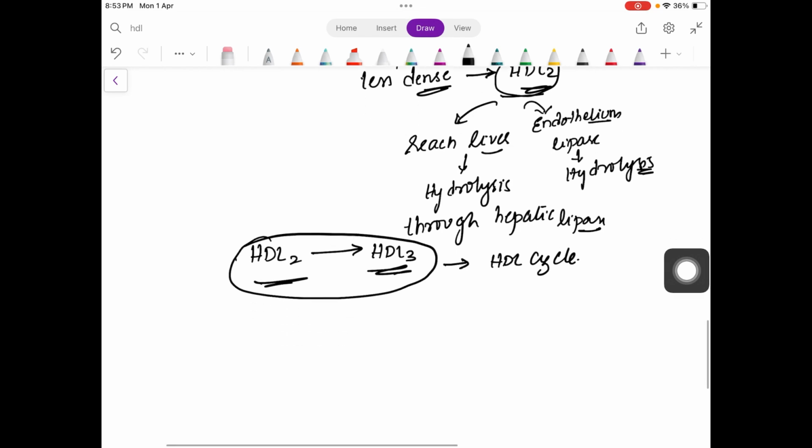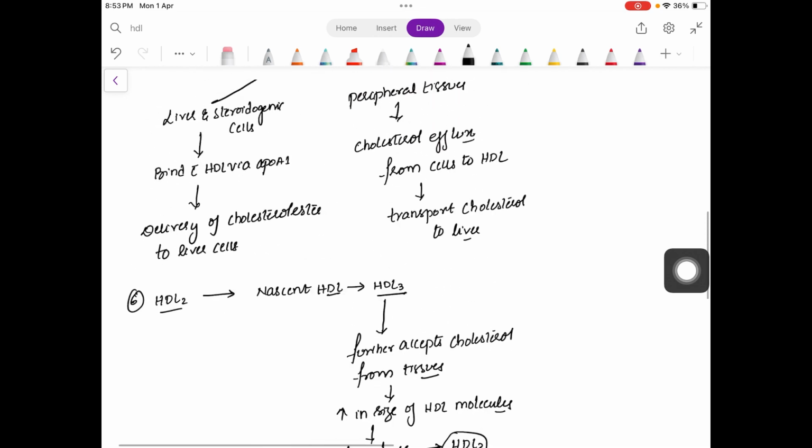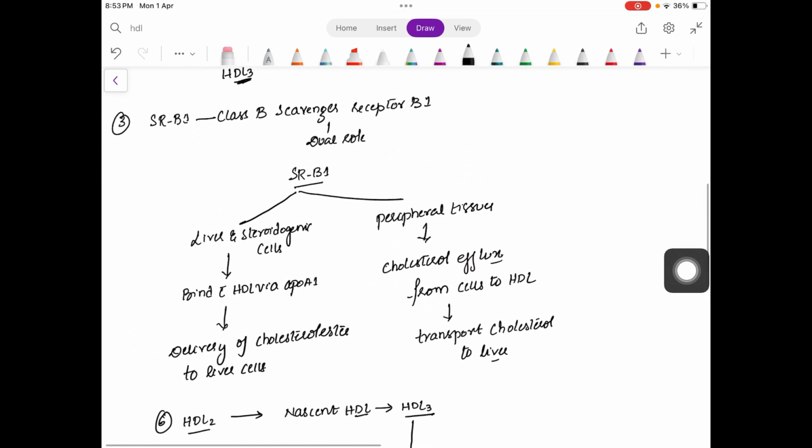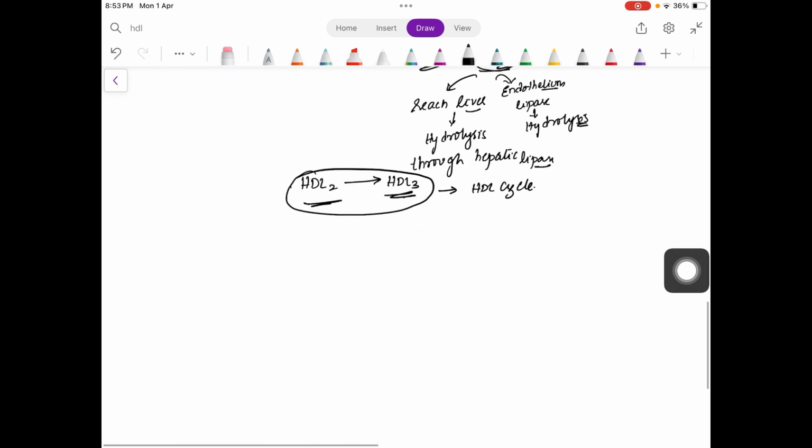Now we should learn one more term, that is pre-beta HDL. Now, what is this pre-beta HDL?